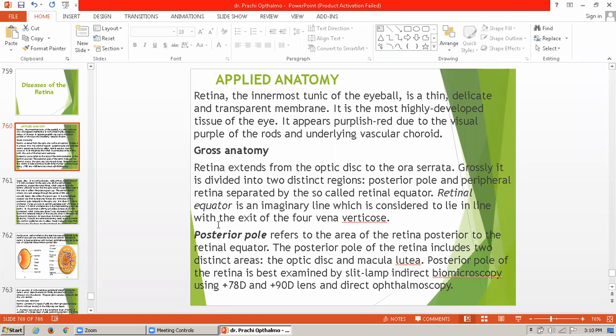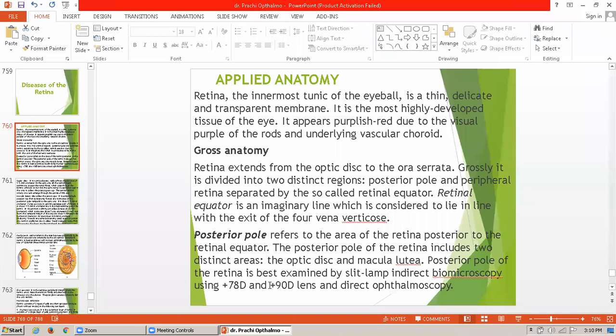The retinal equator is an imaginary line which is considered to lie in line with the exit of the vortex veins. The posterior pole refers to the area of the retina posterior to the retinal equator, and it includes two distinct areas: the optic disc and the macula lutea.